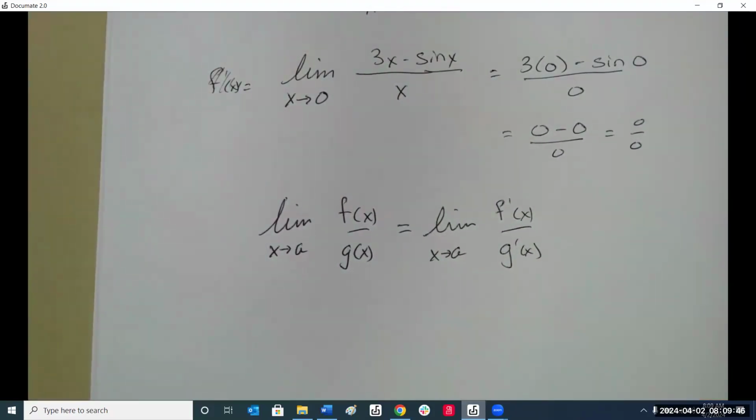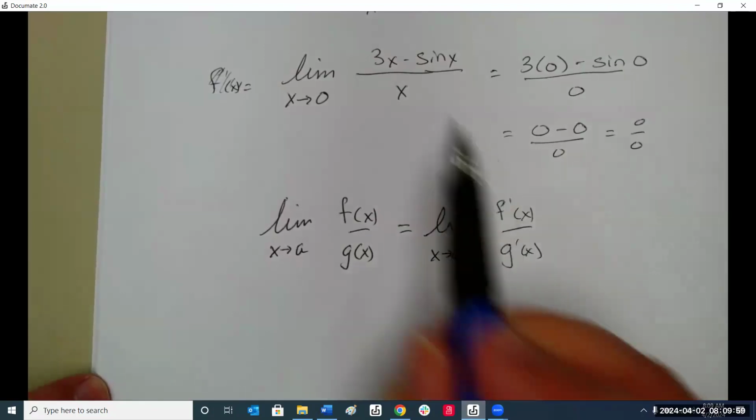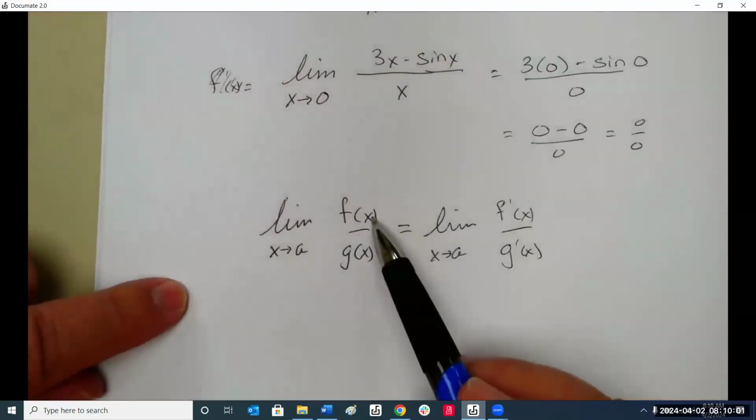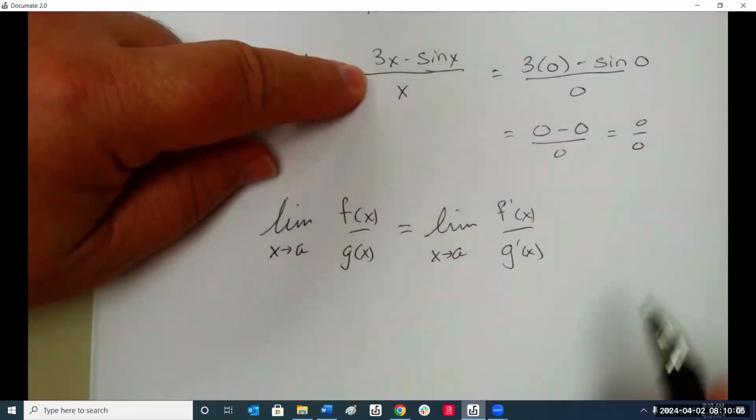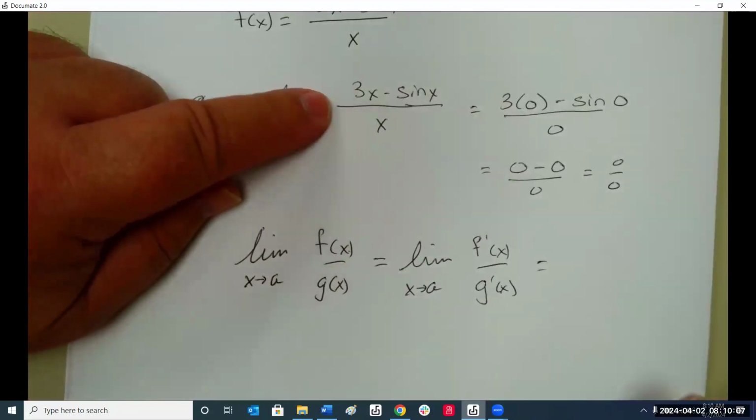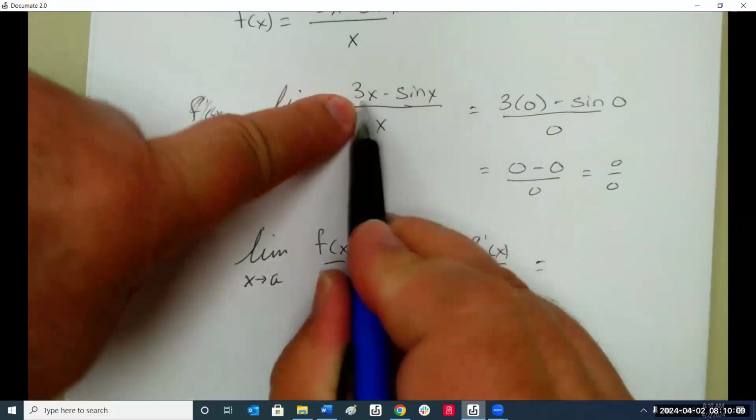These are derivatives of top and bottom separately. You keep on doing that until one of the top or the bottom is no longer 0. In other words, at this first one, we have 0 over 0. So we take a derivative of it. What's the derivative of the top number going to be? This is a separate equation.